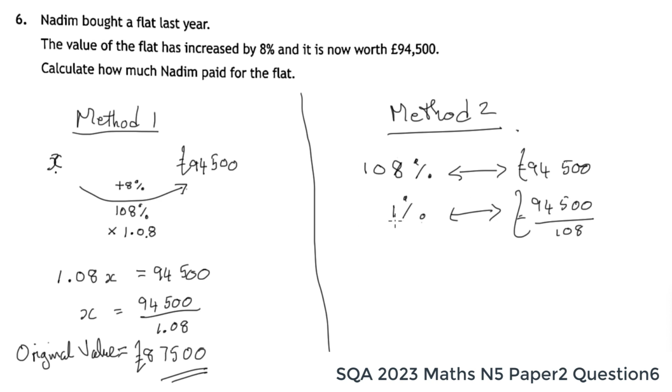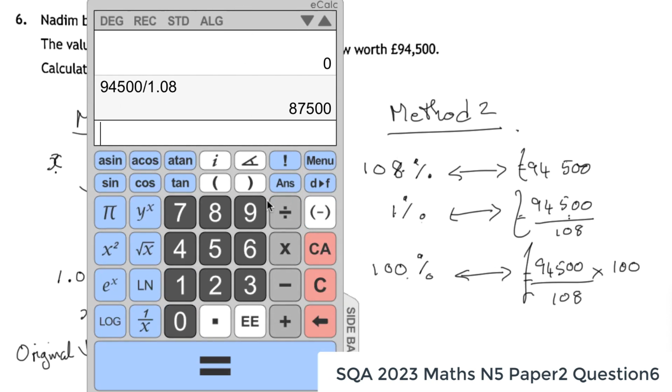But it's not 1% we're after. The original value is 100%. It's been increased to 108%. It used to be 100%. That was the whole value originally. So if we've got 1% being worth this, then 100% will be worth 100 times that. So we take whatever this number is and multiply it, in other words that appears on the top, by 100. So that's the calculation we can do now.